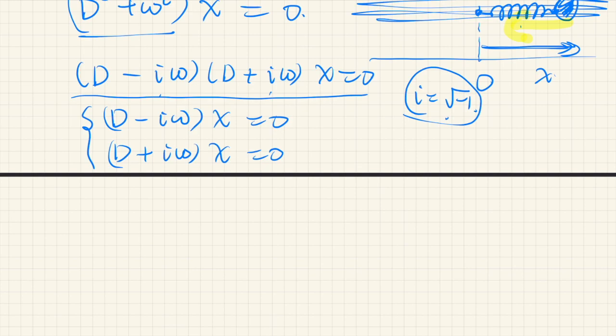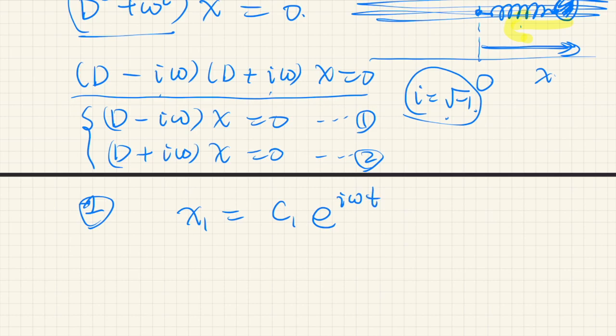So if we solve the first one, this is immediate: x1 is equal to some constant c1 times exponential of i omega t. Here the independent variable is t, time t.